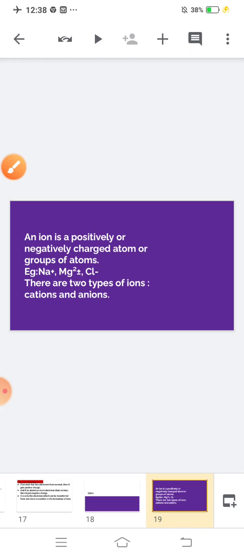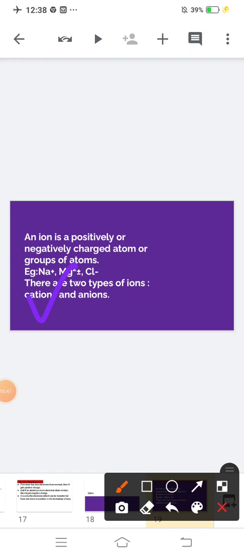A group of atoms having either a positive charge or a negative charge is known as an ion. So there are basically two types of ion. Number one, cation, and number two, anion. Is this clear?